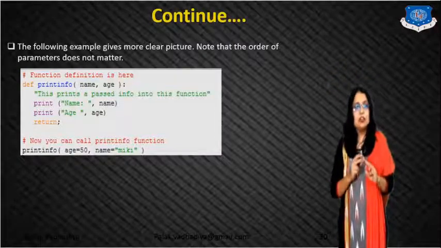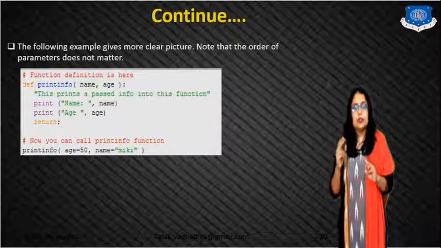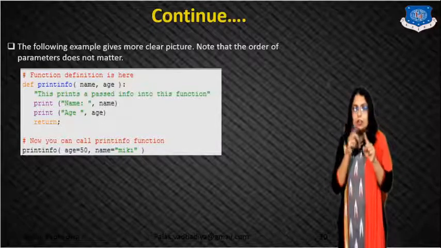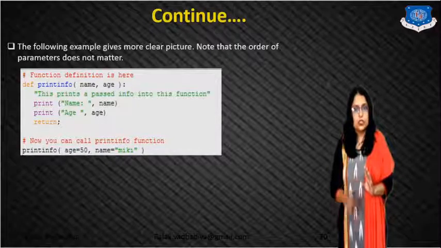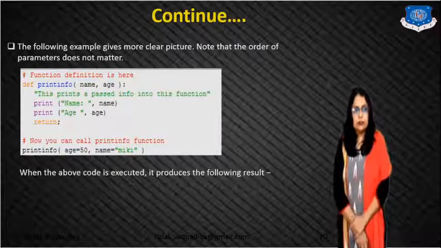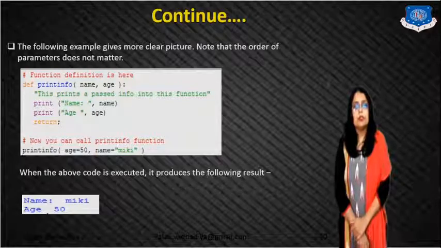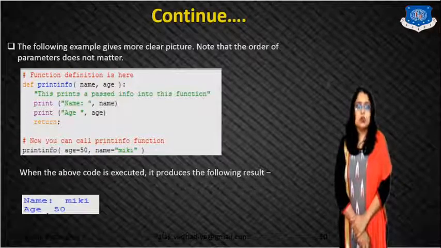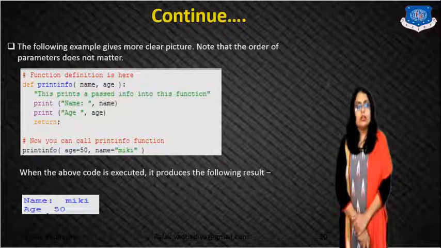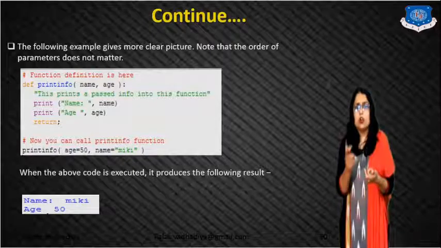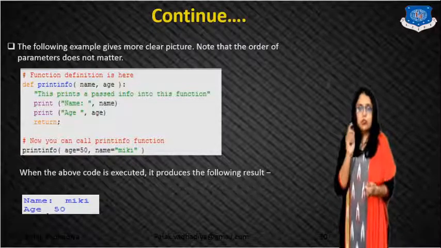But my keywords are correct: age equal to 50, name equal to Mickey. So that order is not important. So when I run this, definitely I'll get first the name, Mickey, and then the age, 50. Alright. So I just want to tell you that order is not important, but the keyword is very important.